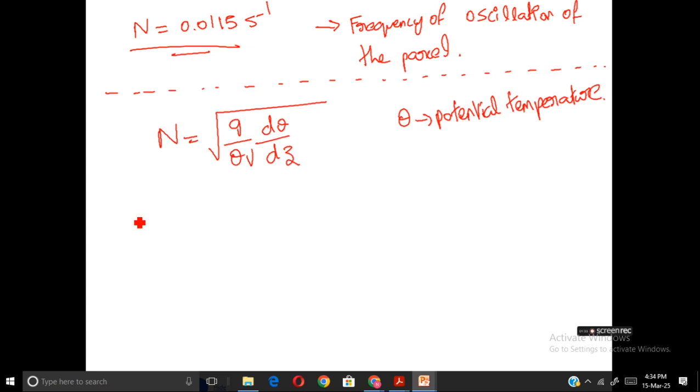Now, just another question in terms of potential temperature of the steam.